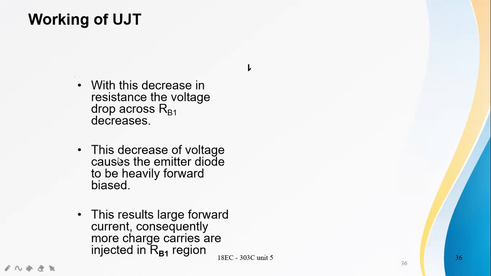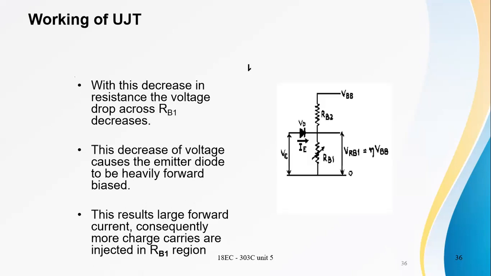This decrease of voltage causes the emitter diode to be heavily forward biased. This results in a large forward current, which means more charge carriers are injected into the RB1 region. Again the resistance further decreases, the voltage at this point decreases, and it is more forward biased.